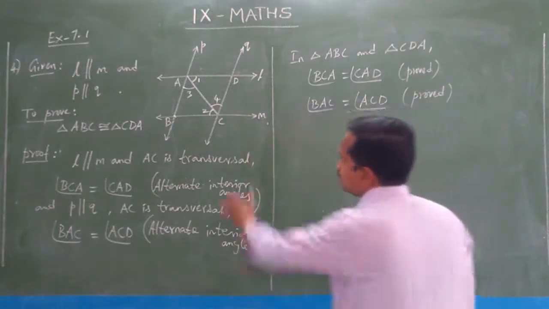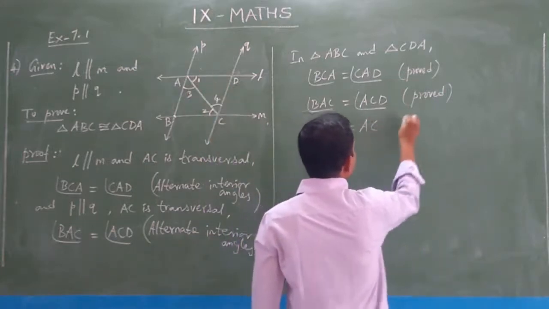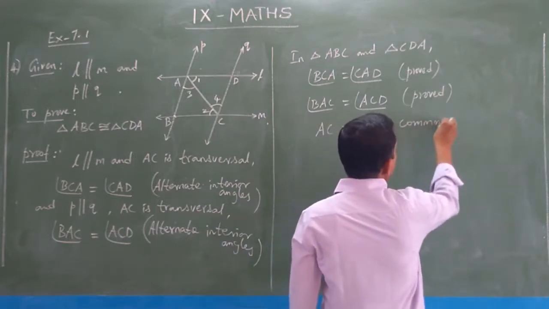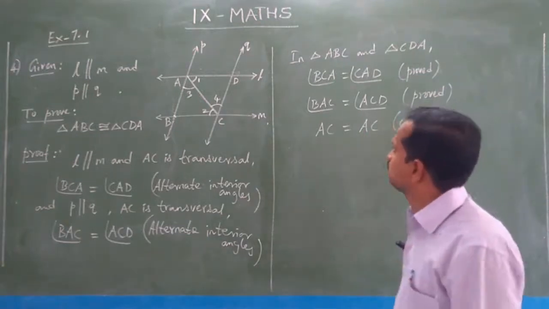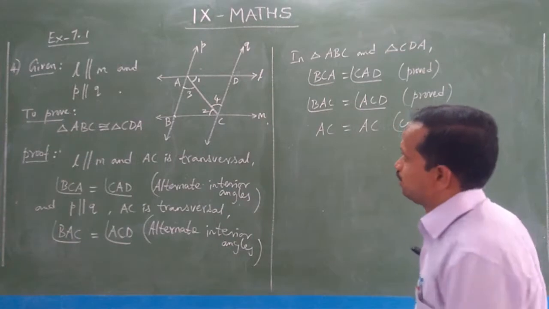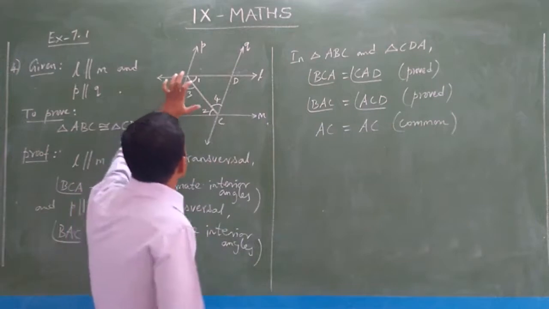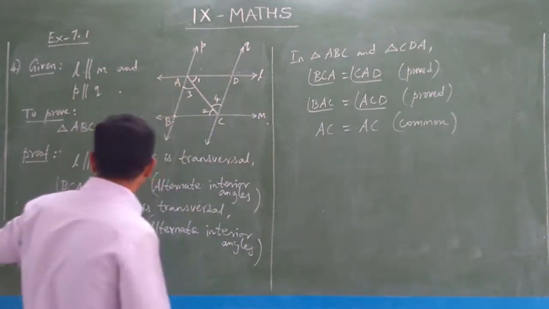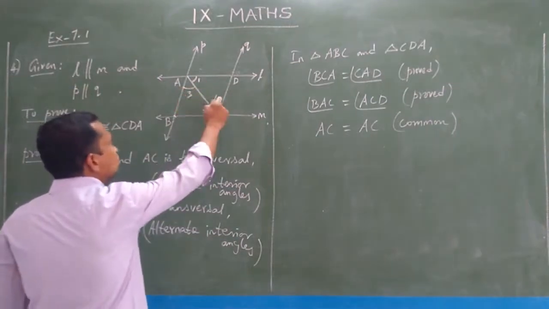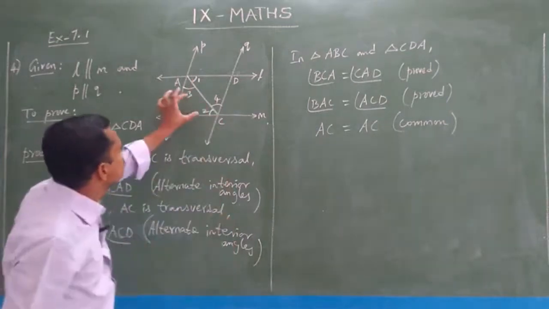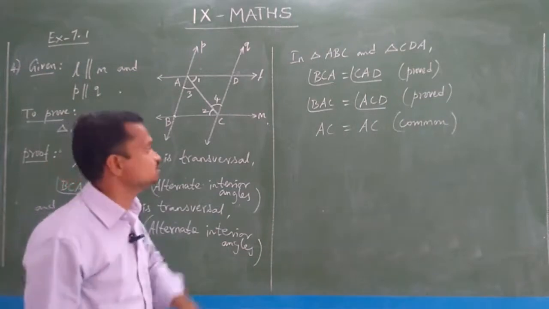And now you see in these two triangles, AC is the common side. AC equal to AC, common, or you can write AC equal to CA. So two pairs of angles and one pair of sides. You see here, this angle BCA, 2 and 1, and this 3 and 4, they are equal, and between these two angles the side AC is there, so it is the included side, so ASA.